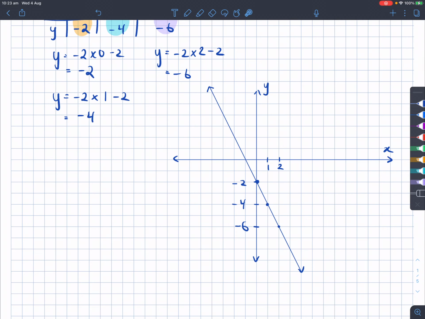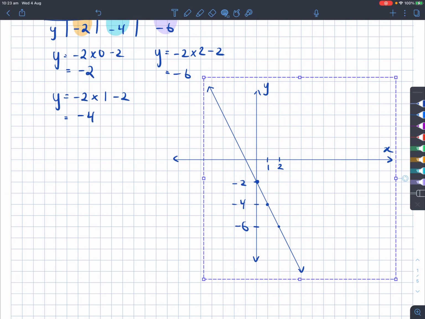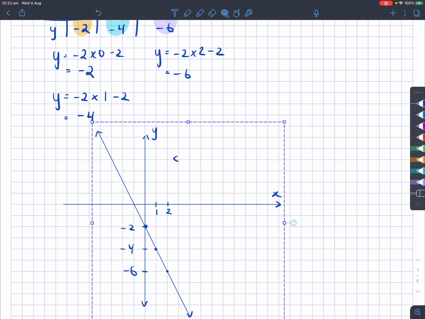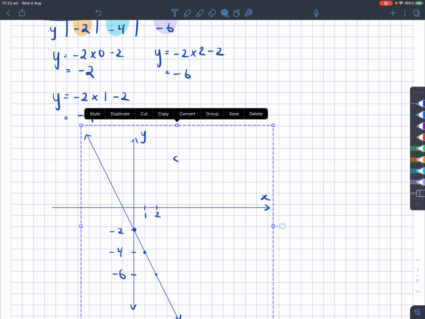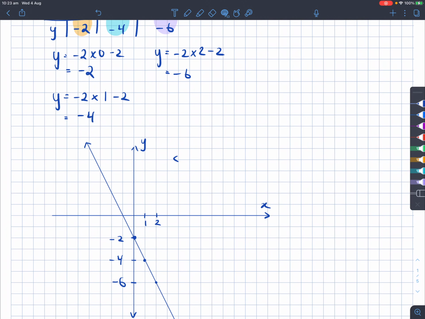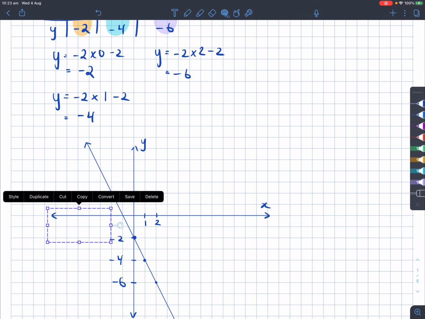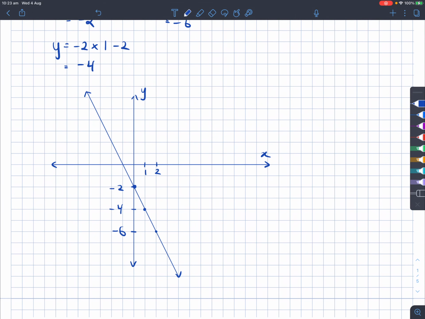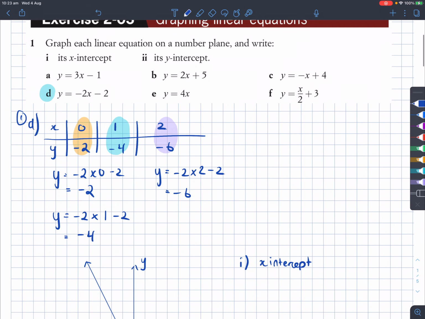So we've graphed it here, and for part I, the x-intercept, that's what it's asking for, right?